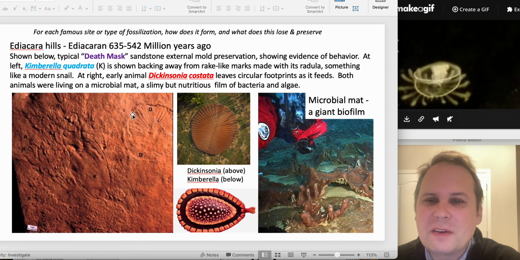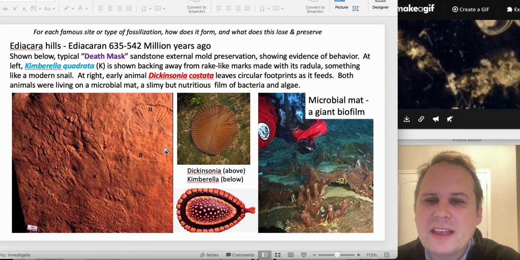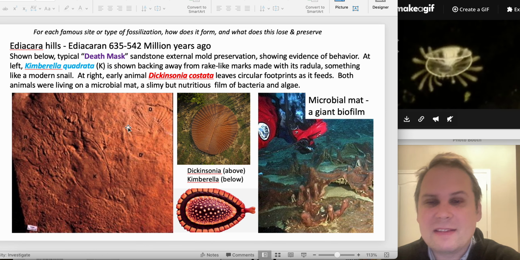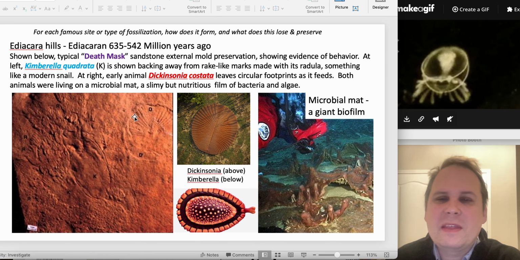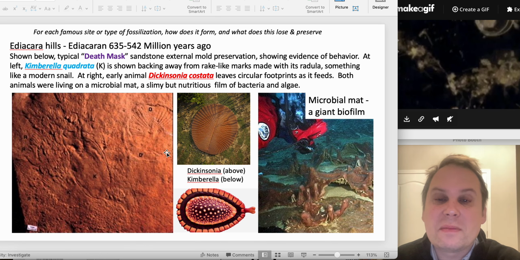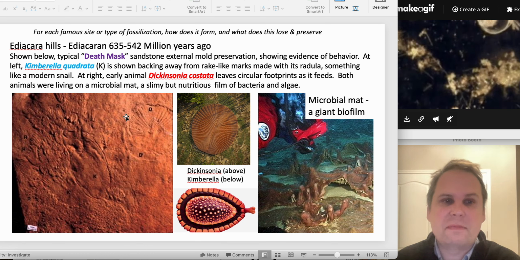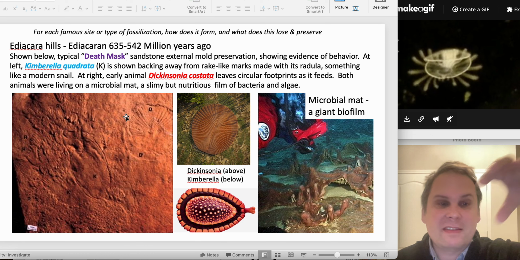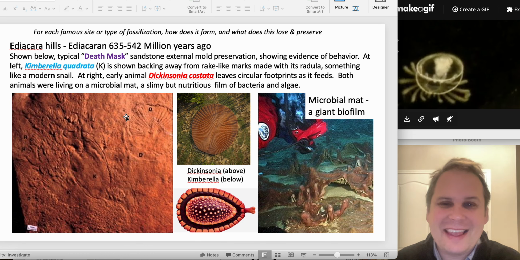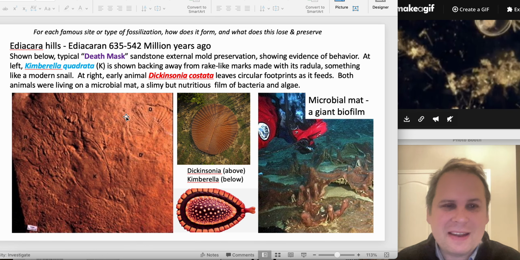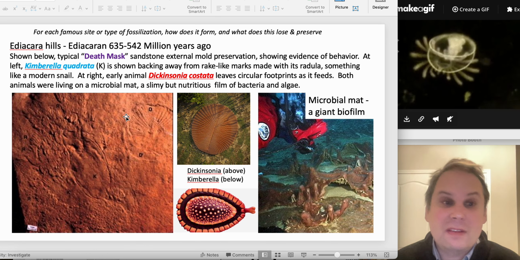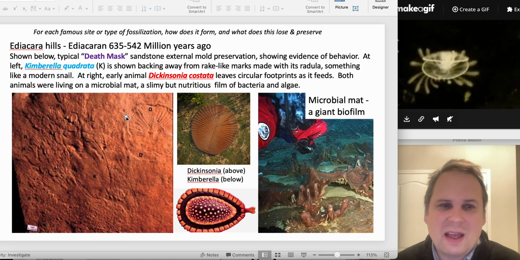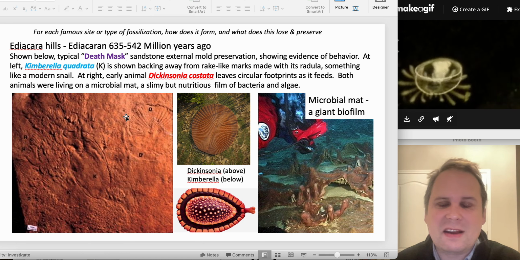And so here's a Dickinsonia, and here you can see it's offset from a Dickinsonia size and shape little imprint that's much shallower. So we think this is the actual body of the organism, and this right over here is probably its feeding trace. And you'll find several of these little holes in various states next to where the actual body fossil is, which tells you that Dickinsonia was able to move and was able to dissolve the microbial mat it's sitting on.